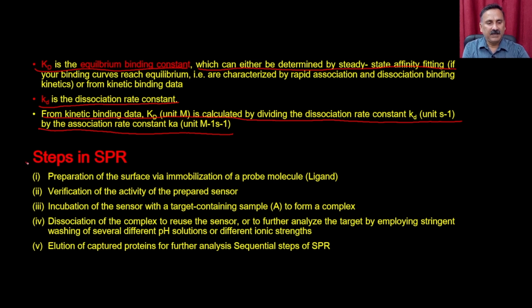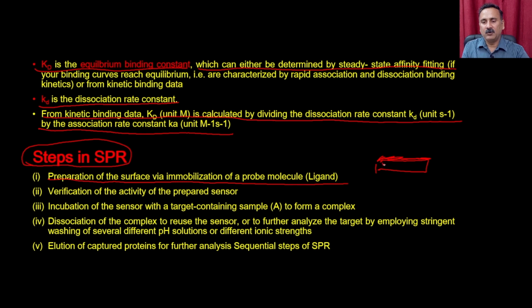And the steps in the SPR: you are first going to prepare the surface via the immobilization of the probe. So first you take the glass slide or the gold plated glass slide, right? And you immobilize the enzyme or any kind of analyte or probe molecule.